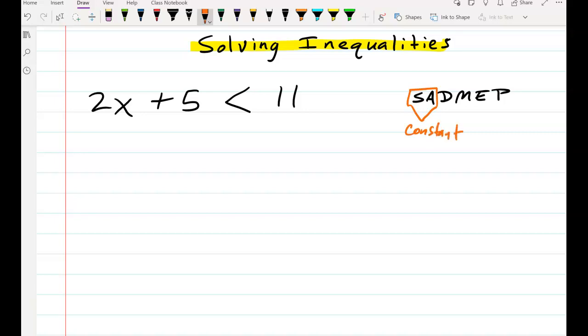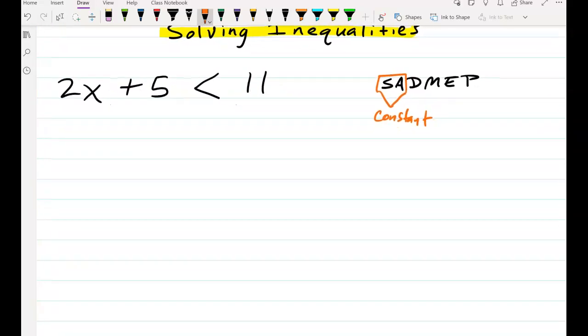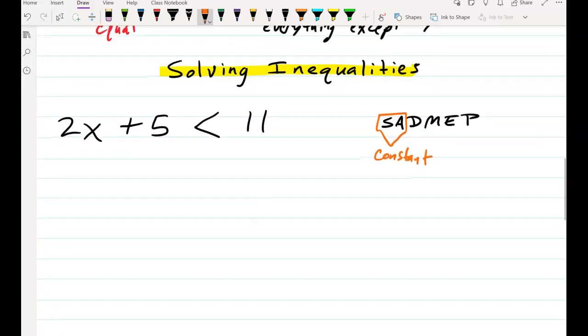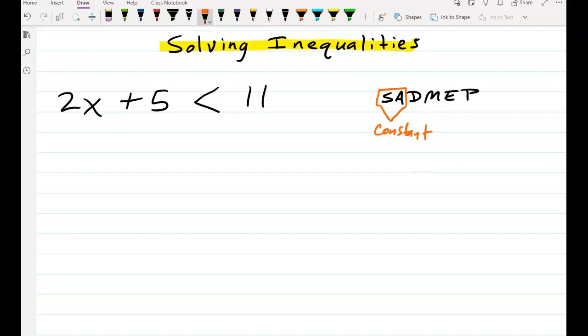So I'm going to find any constant here, and I'm going to undo the adding or subtracting of the constant. And I look at my inequality here. This is 2x plus 5 is less than 11. Now, the constant I'm going to undo the adding or subtracting of is the 5. It's a positive 5, and so to undo that, I'm going to subtract 5.